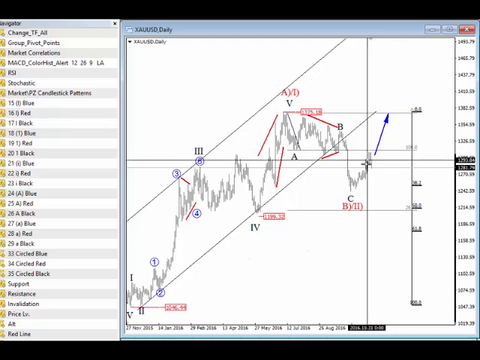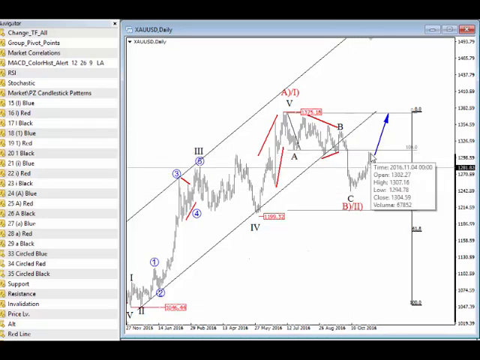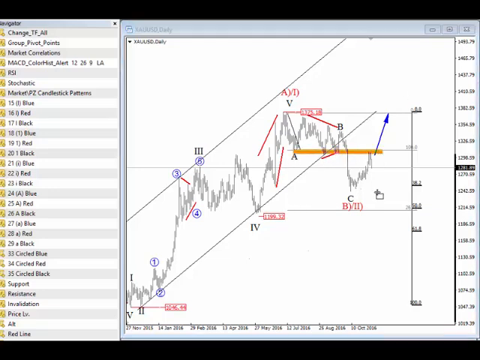Now we have seen a nice move to the upside, but when stock market bounced, we have seen a turn to the downside quite aggressively. So this makes me a little bit nervous, because we also turned down from previous swing lows that turned into resistance.